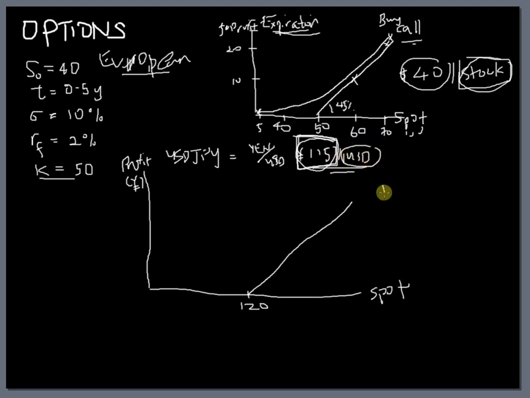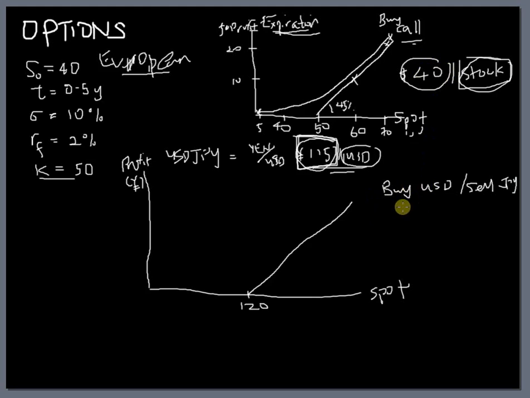Okay, in this case, when you buy a call option, you are buying US dollar. When you buy US dollar, it's like you are selling JPY. Similar for this case, when you buy a call, you are buying the stock, and then you are paying the dollars here.